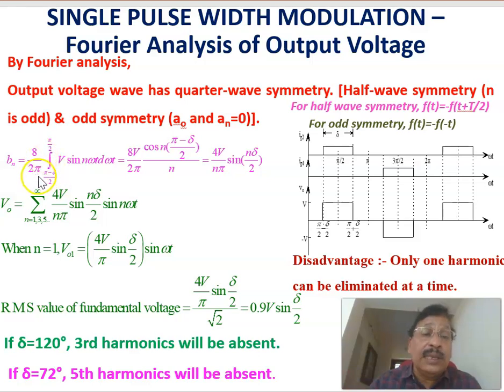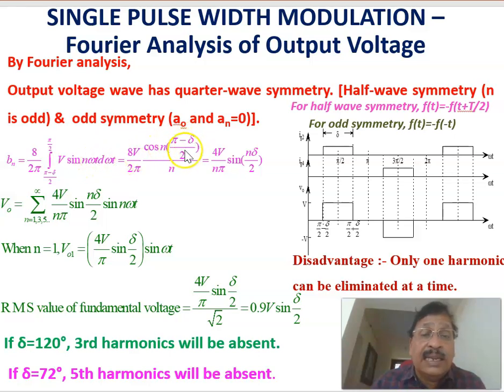Therefore, 8 by 2 pi, integral from pi by 2 minus delta by 2 up to pi by 2, of v sin n omega t d omega t. Now it is equal to 8v by 2 pi times minus cos n omega t. Therefore, when you substitute, you can interchange the limits, giving cos of n times pi minus delta.